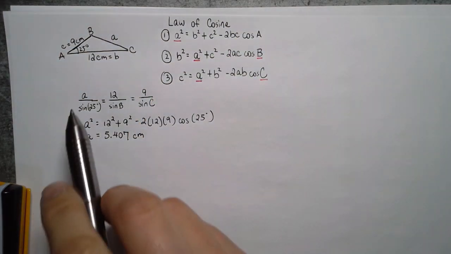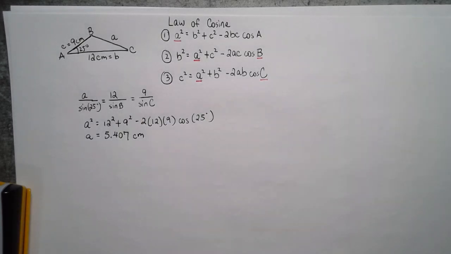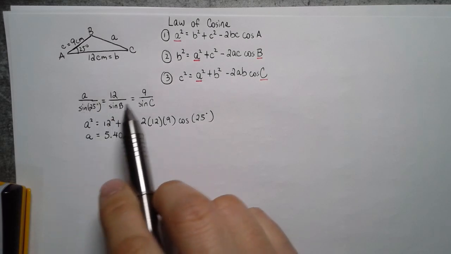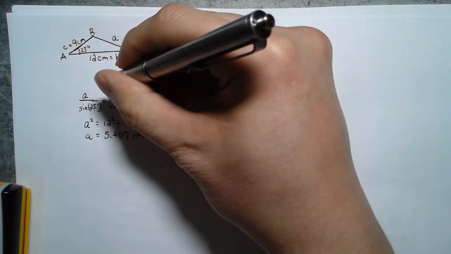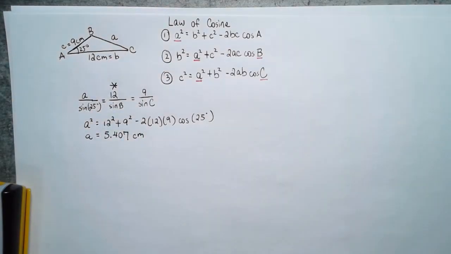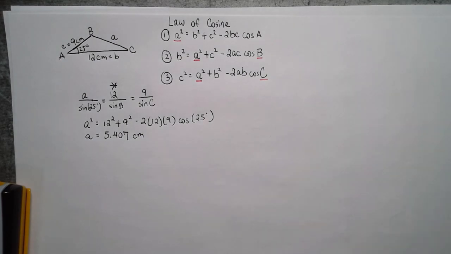Now since we know this one right here, we can find the other two angles. But we must keep in mind that if you compare the three sides, 9, 12, and 5.407, that this right here is the longest side, and therefore angle B would be the biggest angle.